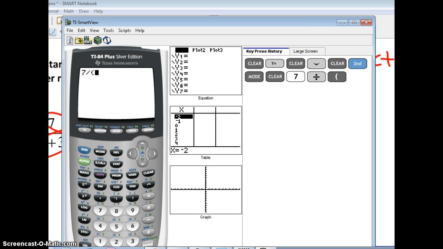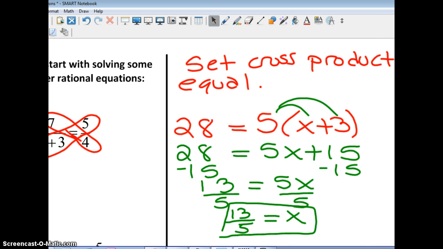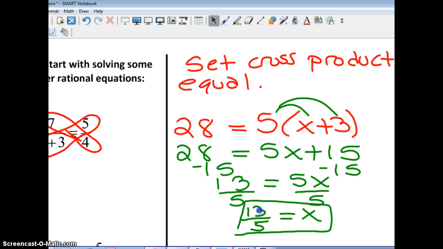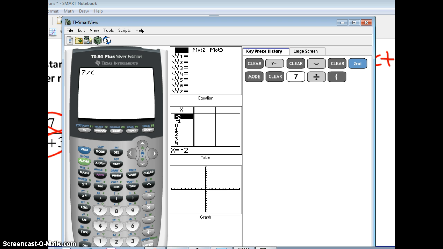Since x is 13 over 5, I'm going to take 13 divided by 5, and it's x plus 3, so I'm going to add 3 and close my parentheses. So now I have 7 divided by (13 divided by 5 plus 3), which is 1.25.